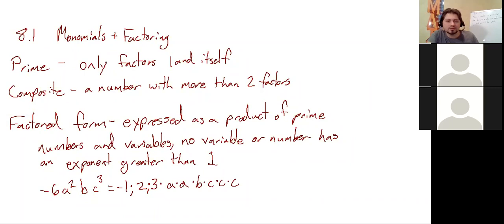Can you do another example, please? Yes, I'll do another example of this.